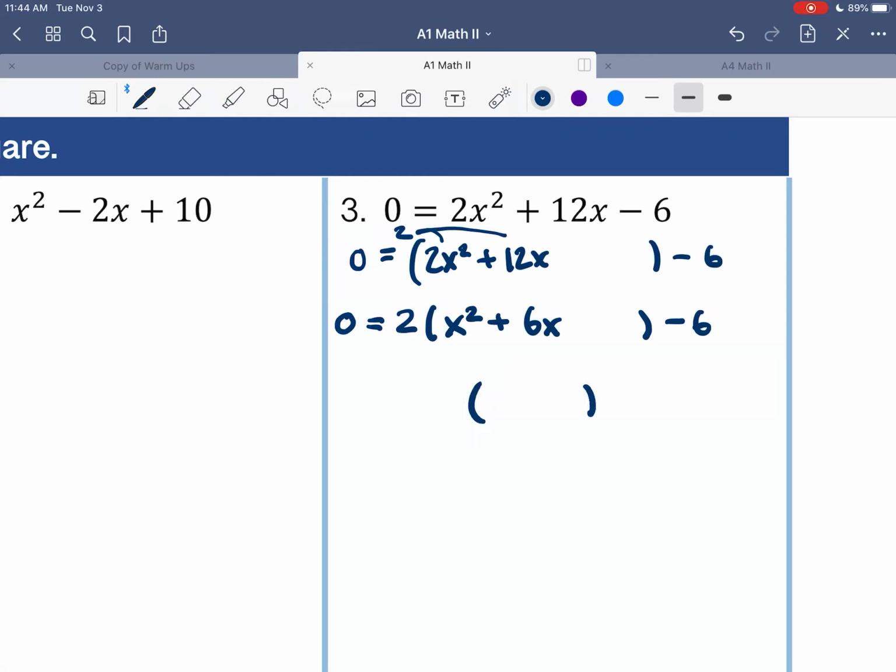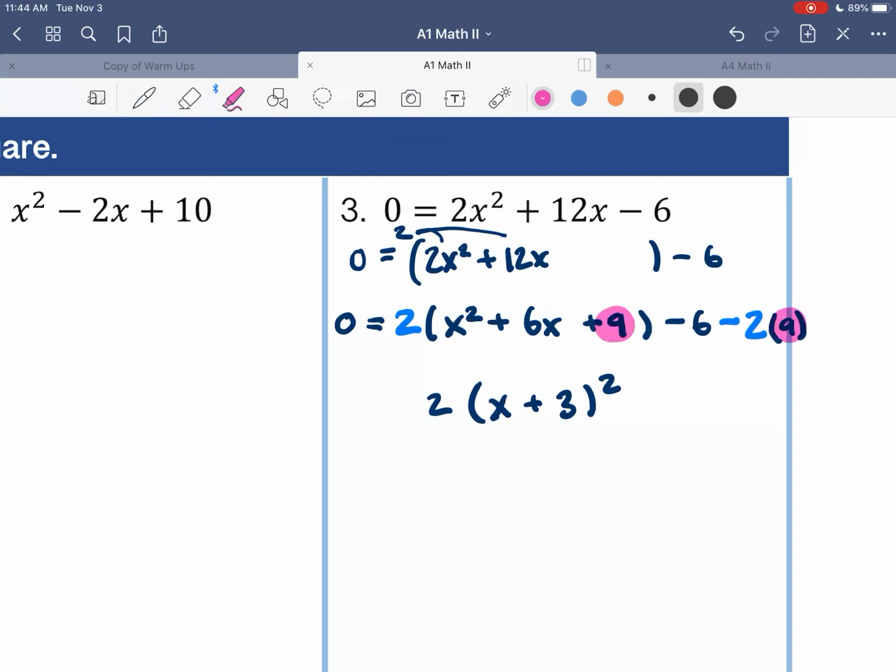Then to complete the square, positive 6 divided by 2 gives us positive 3. Squared gives us positive 9. But we just added 9 inside parentheses where there's a 2. So we need to take away 2 times 9 on the outside.